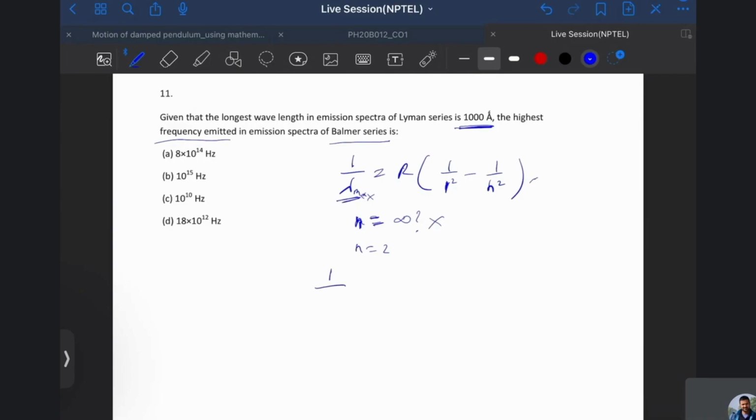So, lambda max is given as 1000 angstrom, so 1 by 1000 is equal to R into 1 by 1 square minus 1 by 2 square.